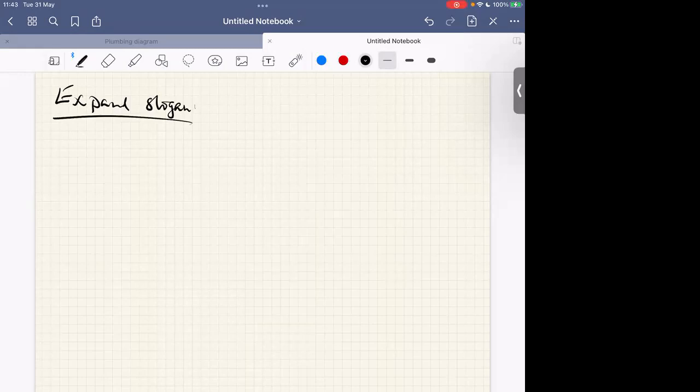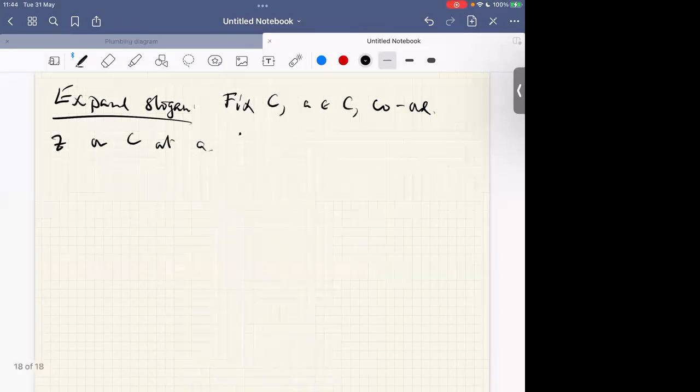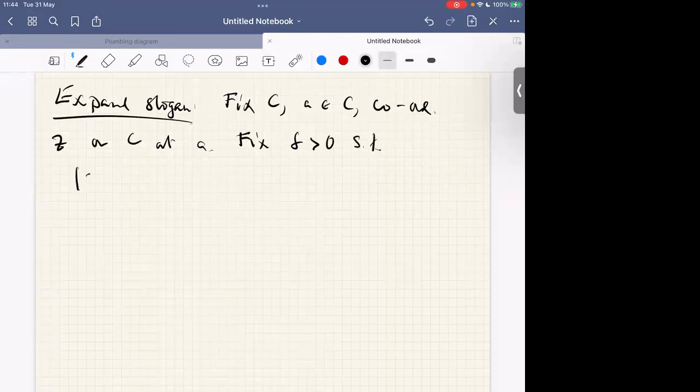So we fix our curve C. We have a point A in C and a coordinate Z on C at A. And fix a positive real number delta, such that the disk where the absolute value of Z is less than delta is actually in C. In other words, this disk does not overlap itself.